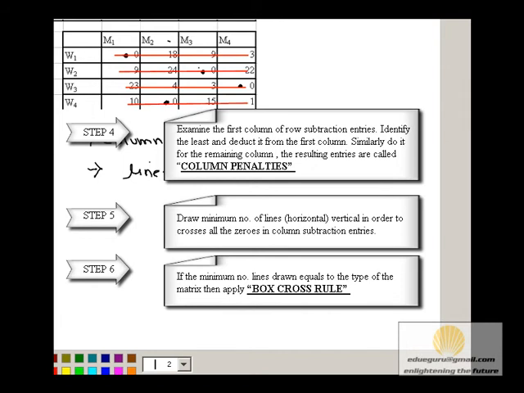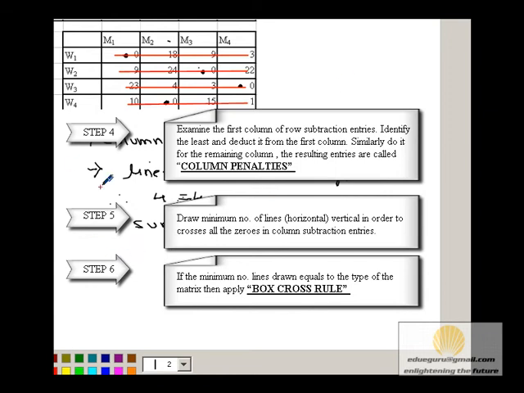Otherwise we need to follow other formalities, which we will take in another sum. So in this particular sum we have 4 lines drawn and our matrix type is also 4. So we can take the next step, that is the box cross rule.